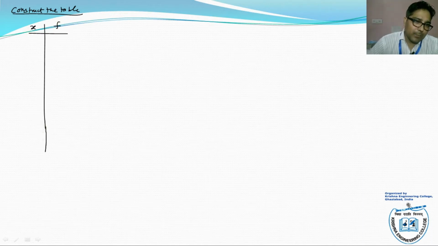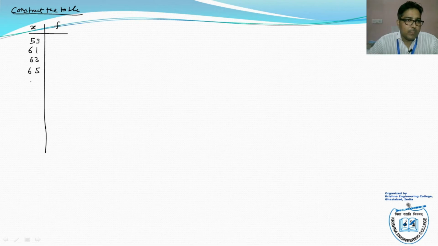The value of x is 59, 61, 63, 65, 67, 69, 71, 73 and 75. Clear?